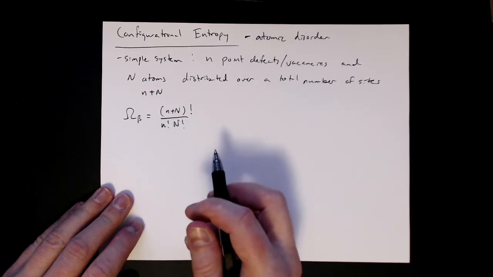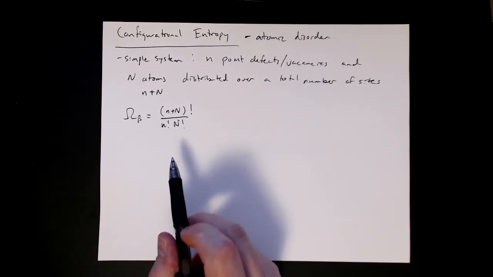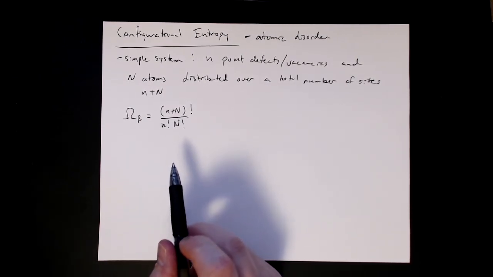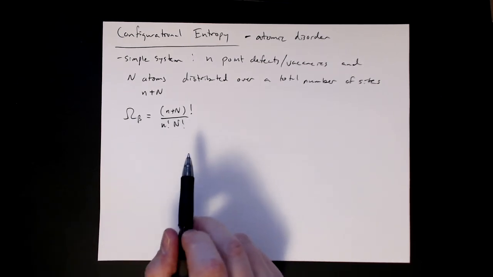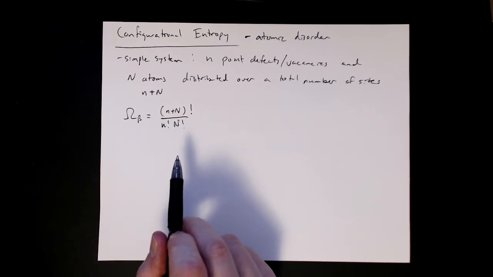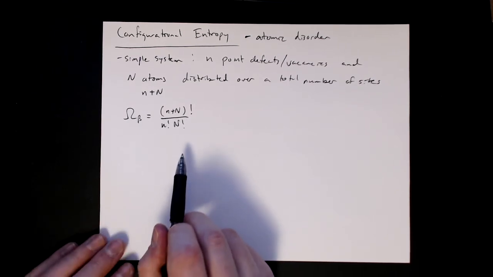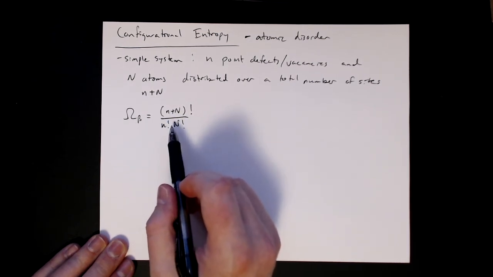All right. So when we're looking at these systems, they are simple systems, but you've got to keep in mind the numbers, right? For a typical amount of material, we often think about moles, so that's 10 to the 23 atoms. Because of those large numbers, it's often difficult to calculate factorials of very large numbers.